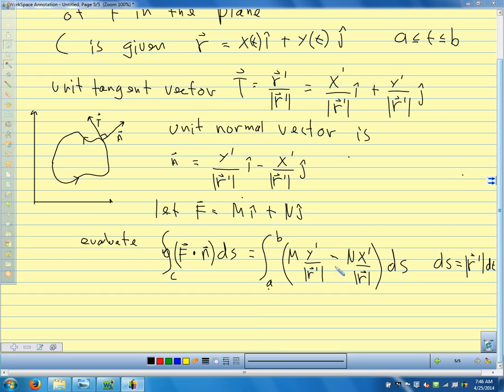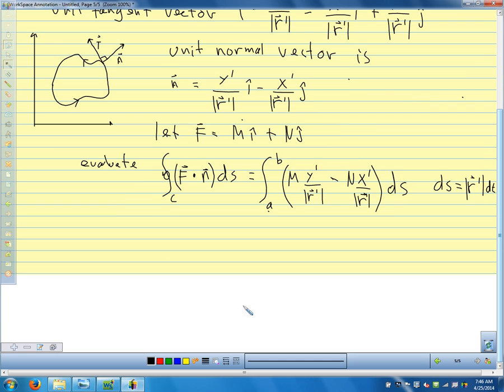So when I substitute this in for ds, the r primes cancel, and I get that this equals the integral from a to b of m y prime, which is dy dt, minus n dx dt, dt.